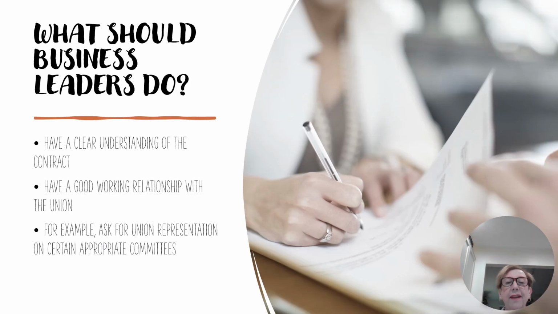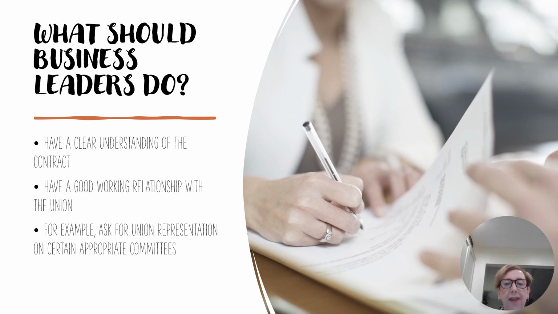To avoid these issues, managers and business leaders, including HR, should have a clear understanding of the contract. Many times, managers violate the contract because they are simply not aware of some of the agreements.